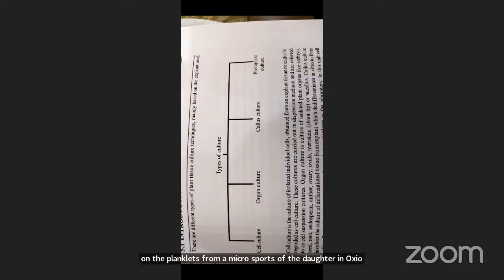Now the next one, gynogenesis. It is the in vitro regeneration of haploid plantlets from unpollinated female gametophyte by culturing ovules. The unpollinated female gametophyte is nothing but the embryo sac.